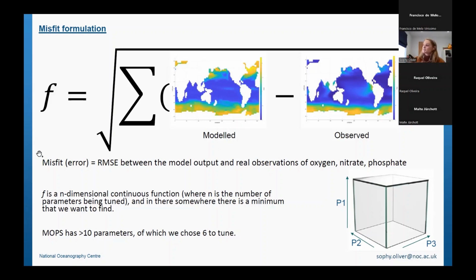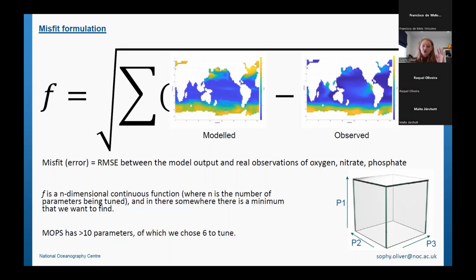So say we wanted to tweak or tune 3 parameters in the model, maybe one of them the Martin B parameter. It means we have a misfit function, which is 3-dimensional in this three-dimensional parameter space. And within this space, we have a minimum in the function where it coincides with a parameter configuration that gives you the best version of your model.